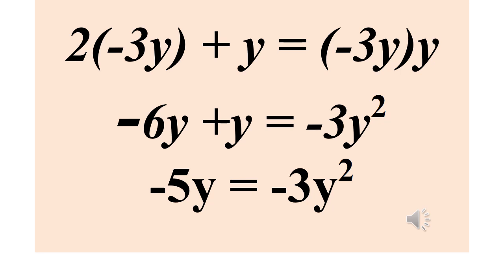Now if we multiply 2 times minus 3y, we get minus 6y plus y equals minus 3y squared.